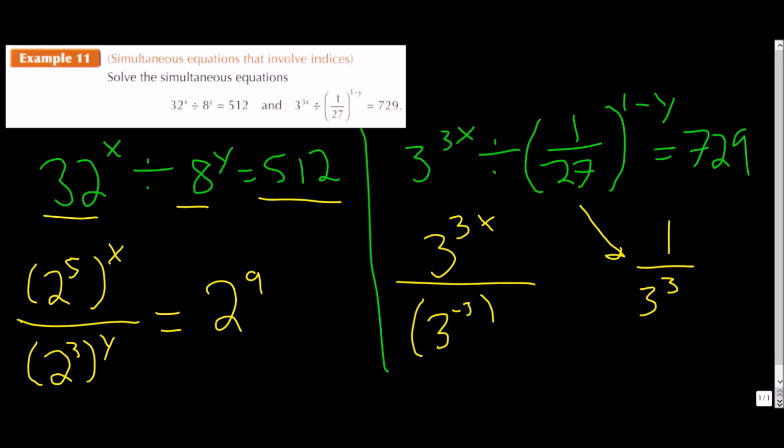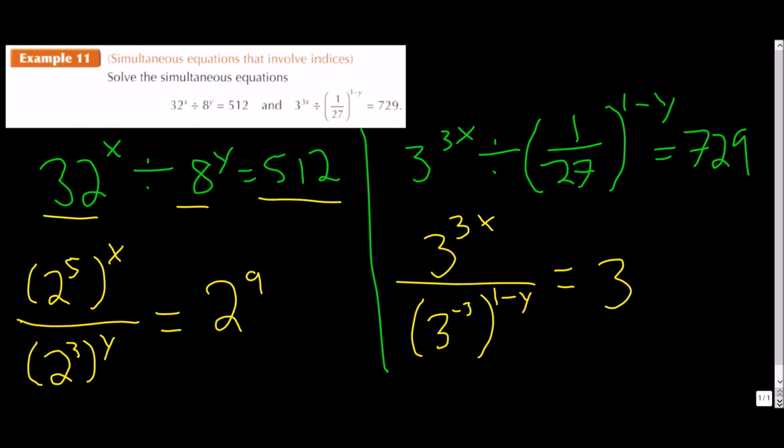Right? If we're dividing by something to a power, we can make it a negative power and think of it as multiplication. And so we're going to have 1 minus y here. That's a big step. It's going to make things easier on ourselves. And then this is going to equal 3 to what power? So 3 to what power makes 729?